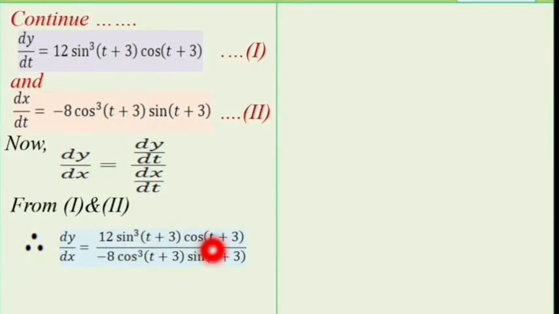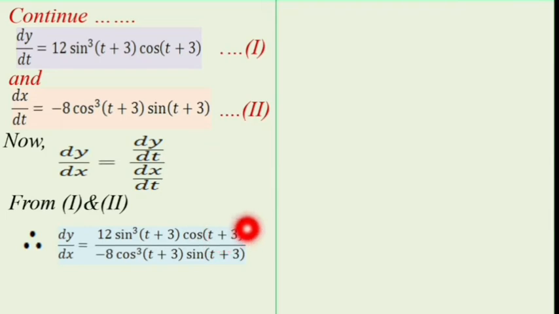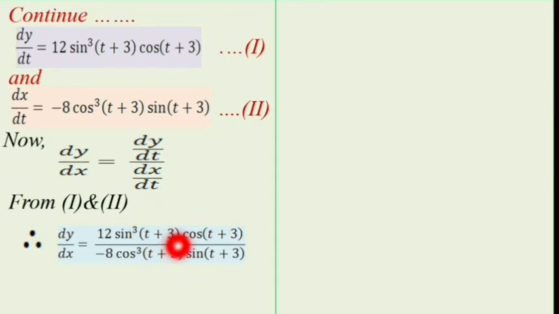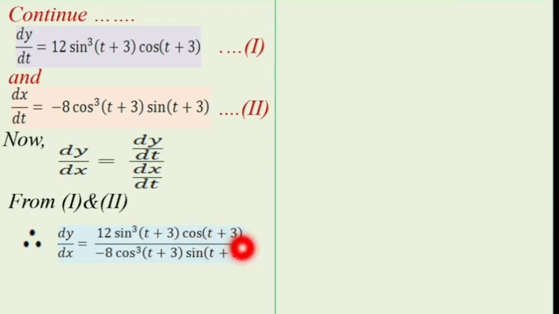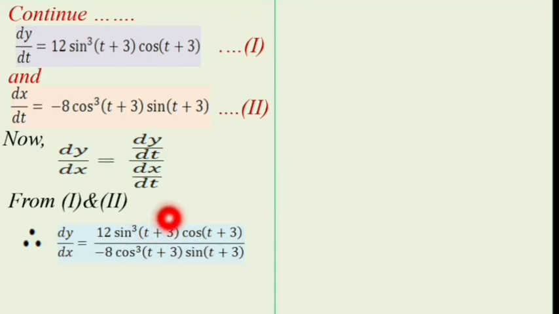Now only simplify here. Here cos of t plus 3 and cos of t plus 3 cancel. Only cos square t plus 3 remains in the denominator, and sin cube t plus 3 in the numerator, with sin of t plus 3 in the denominator. Here sin of t plus 3 in the denominator and sin of t plus 3 in the numerator cancel.